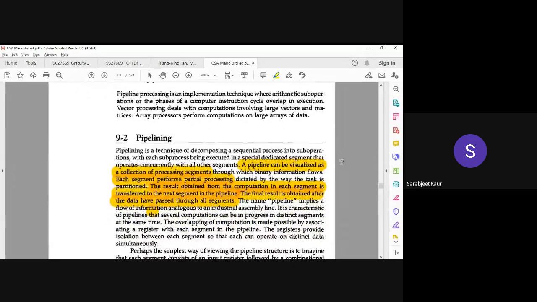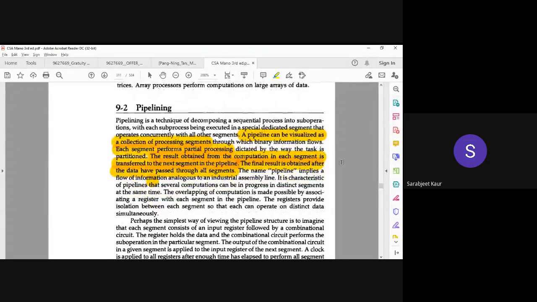Now we are going to look at pipelining. A pipeline can be visualized as a collection of processing segments, where each segment performs some partial processing. Have you seen the place where cars are serviced?